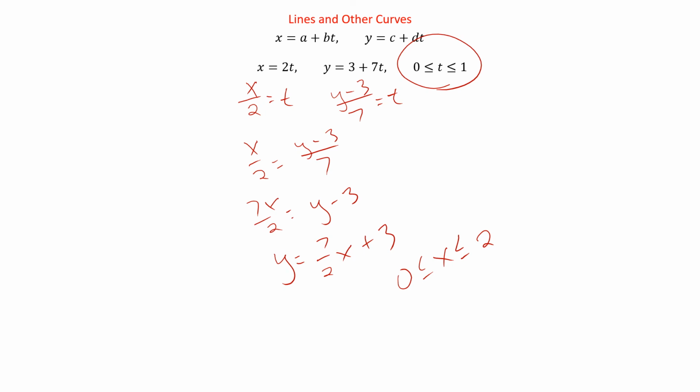So if we wanted to graph this, I didn't put a graph on this page because it was just a line. If we plug in 0, we get y equals 3. And if we plug in 2, we get 7 plus 3 is 10.